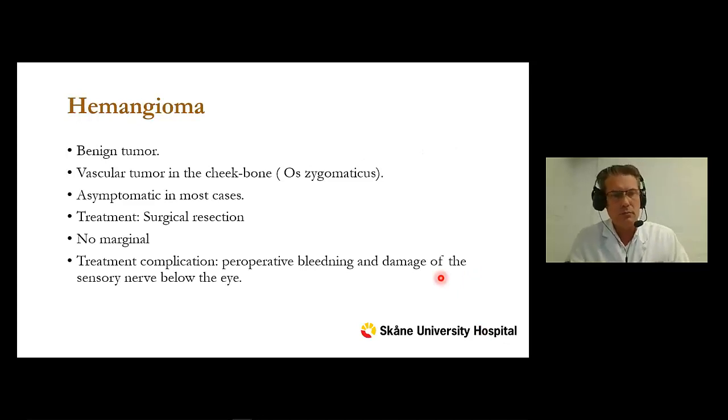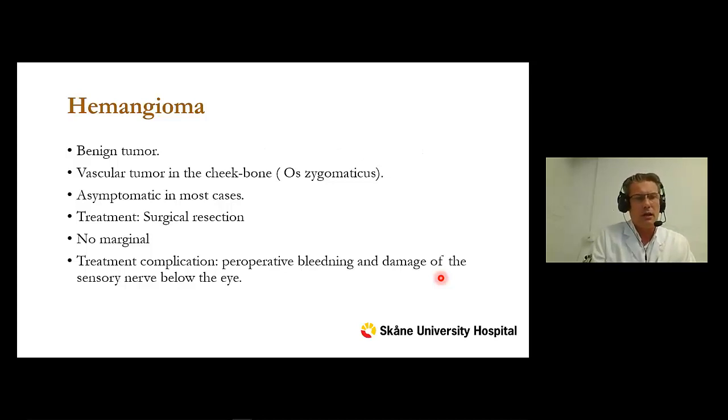Hemangioma is a benign tumor, and it can be presented all over our region in the mouth, preferably in the lower lip or under the tongue. If the tumor is growing inside the bone, it's preferably in the cheekbone, or the bone we call os zygomaticus in Latin.